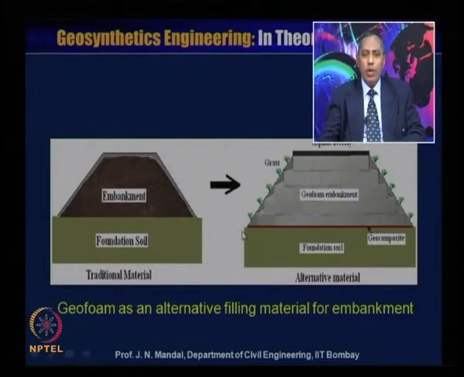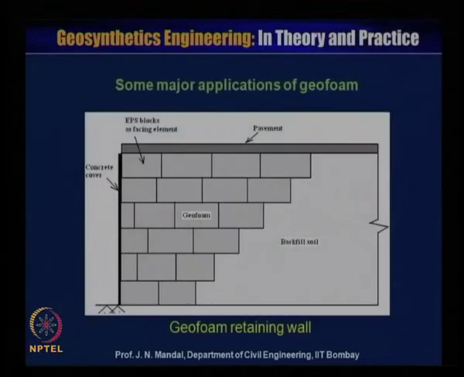You can also place one layer of geocomposite material between the foundation soil and the geofoam block, which will act as a separation and also as a drainage material. So construction using geofoam material is very fast and also economical. Here are some major applications for the geofoam.